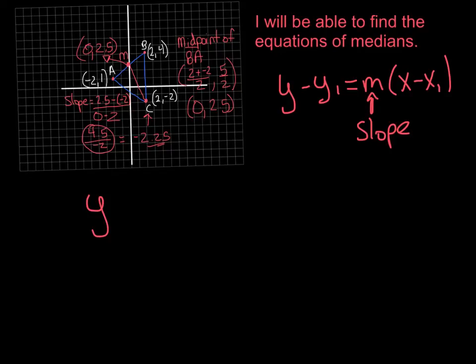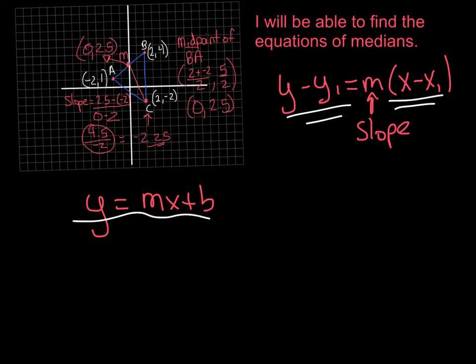We could also go directly into y equals mx plus b, because in this case, the midpoint is on the y-axis. That's pretty lucky. So we can just go directly into that. If the midpoint wasn't on the y-axis, we might consider using this formula. We could also use this one and just solve for b. There's a lot of ways you can do this. In this particular problem, I think this is going to be by far the easiest.